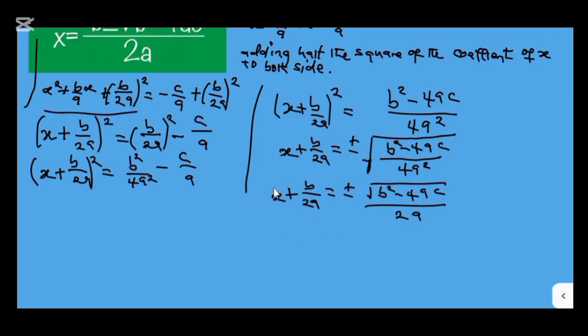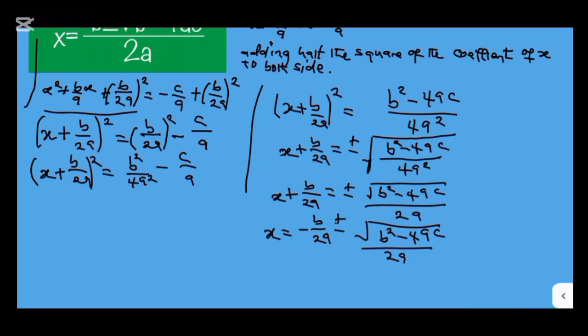And what we are looking for is the value of our x. So we're going to be moving this one to the right hand side. So we have x is equal to, when this moves, it becomes minus b over 2a plus or minus the square root of b square minus 4ac all over 2a.